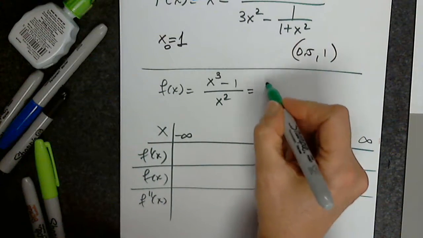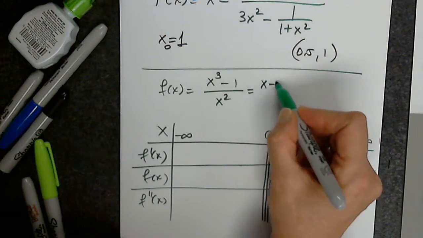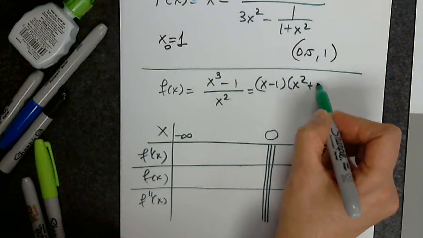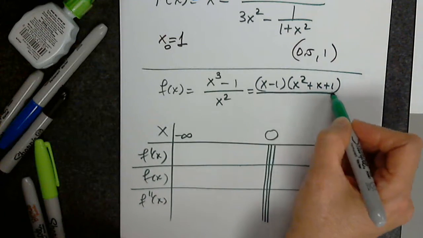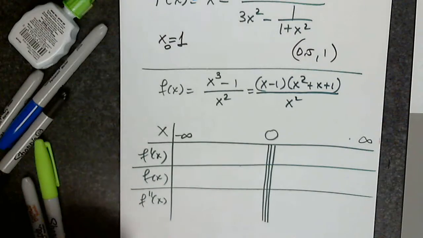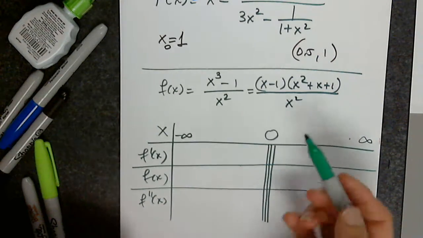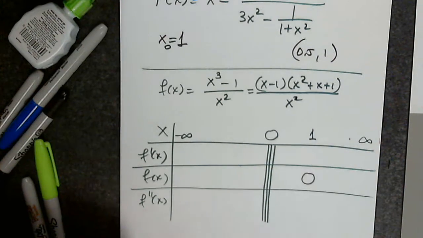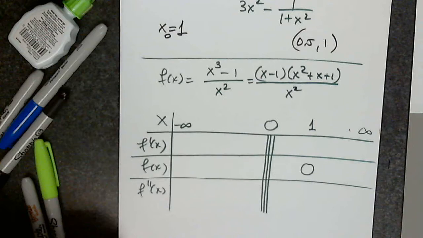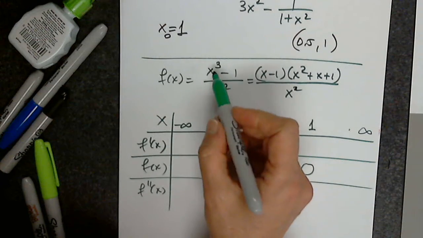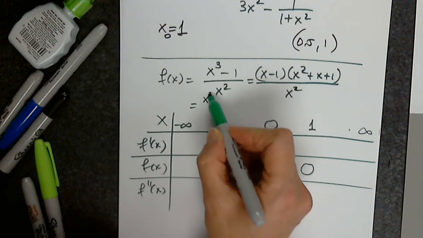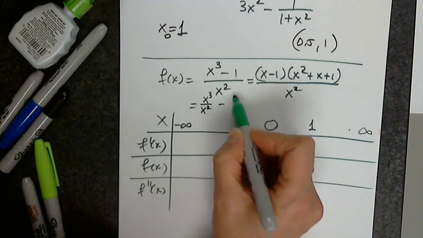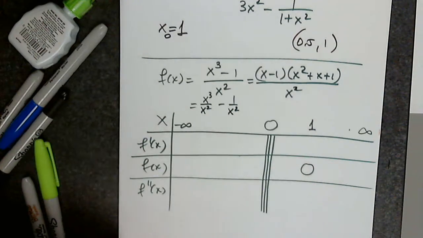If you remember how to factor this, you will factor it into x minus 1 and x squared plus x plus 1. The formula is in the front or back cover of your book. And then you will realize that this function is 0 at 1. Also, this function can be rewritten as x cubed over x squared minus 1 over x squared.